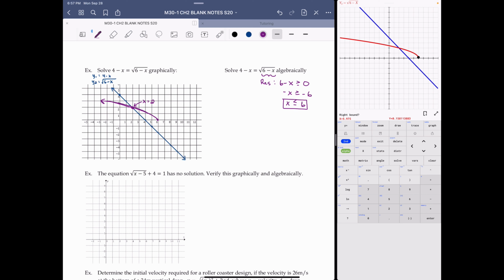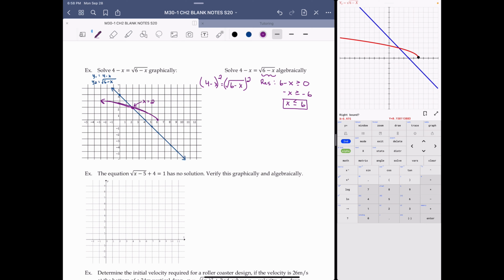Then we want to solve. We already have the radical isolated, so square both sides. We're squaring a binomial, so 4 times 4.